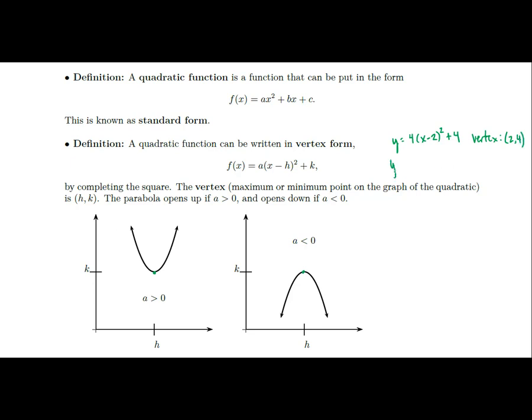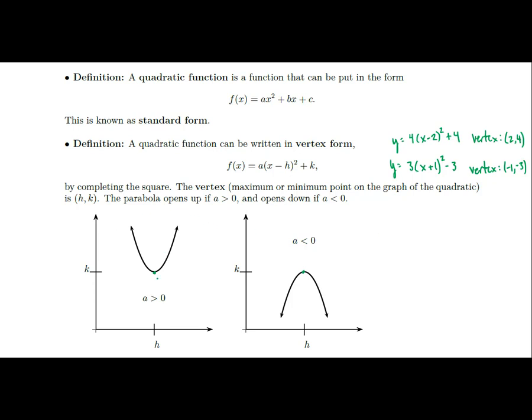But if I said y is equal to, say, 3 times (x plus 1) squared minus 3, then I would say that the vertex is (-1, -3). So whatever sign is in front of the k, that's going to determine the y value of the vertex, but then it's going to be the opposite of what you see next to the x to determine the x value of the vertex.